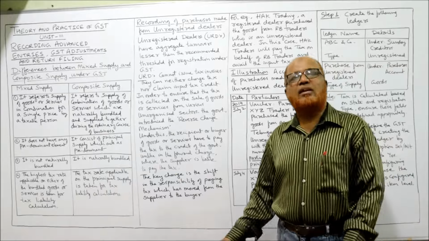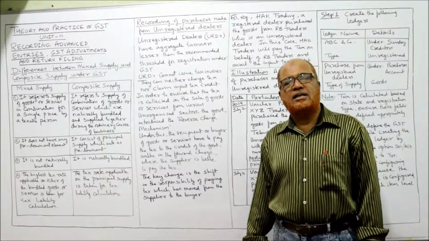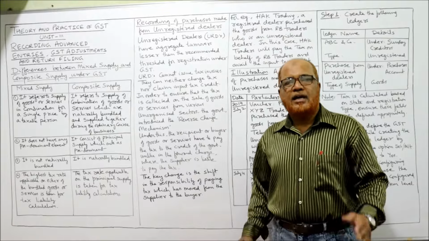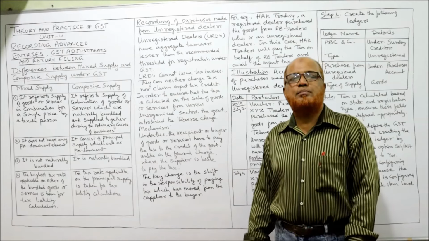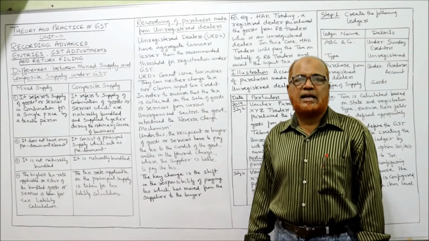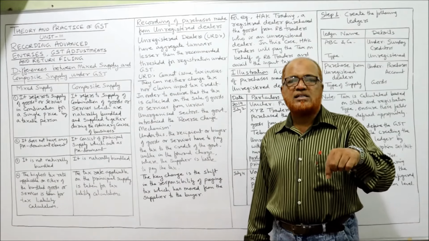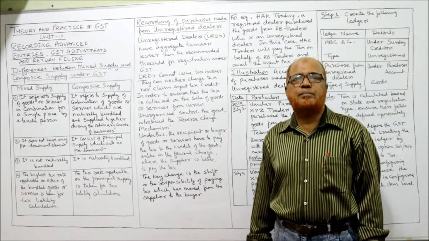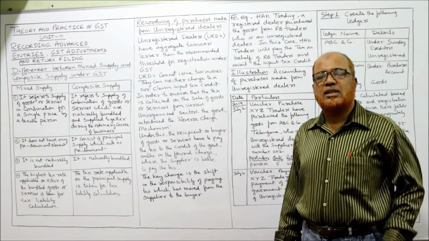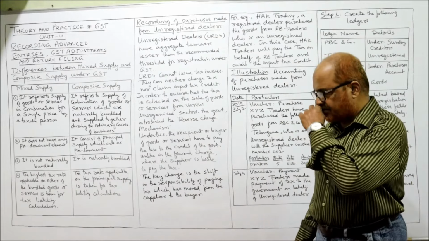The main difference between registered and unregistered dealer is this only. Instead of tax being paid by the supplier, the tax will be paid by the buyer or the recipient of the goods. That is the main key point of difference.